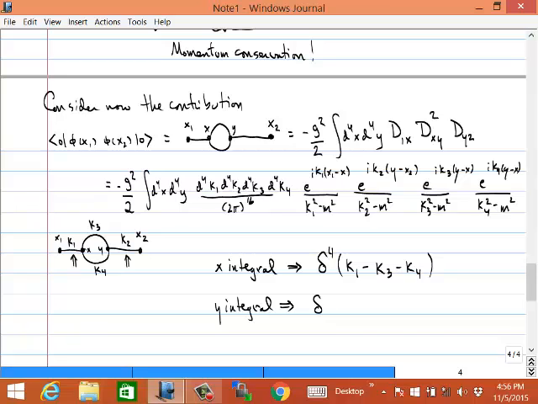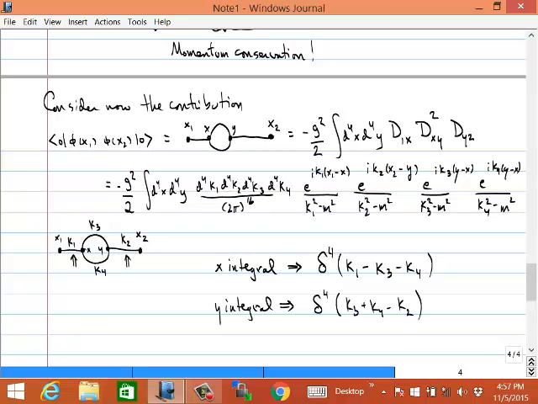Sorry, I want to do that same change there, just to make everything look a little simpler. So it is x2 minus y. So it's an integral e to the iy times k3 plus k4 minus k2. So that'll give you a delta function of k3 plus k4 minus k2.